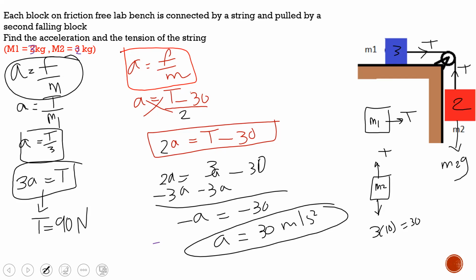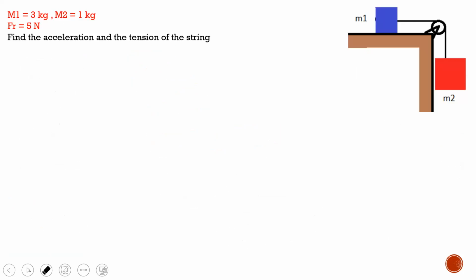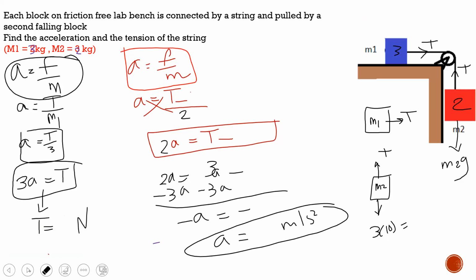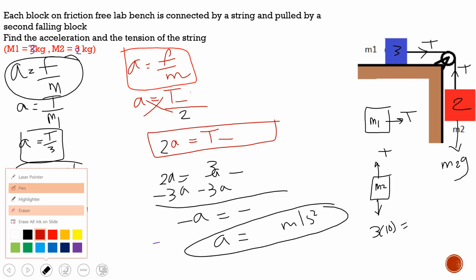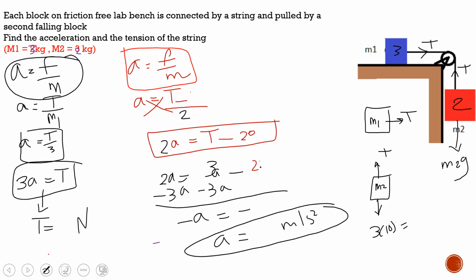Here it has to be 2 also. Here it's not 30 because the mass is 2, not 3. Sorry, here it has to be 20, because the mass is 2, so mg is 20. So 60. By that, we found the acceleration and the tension of the string.